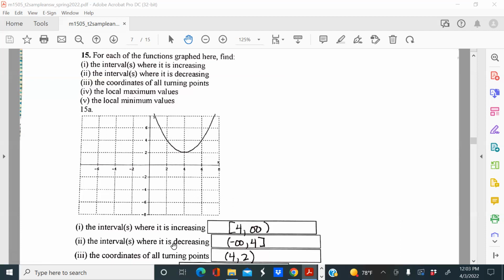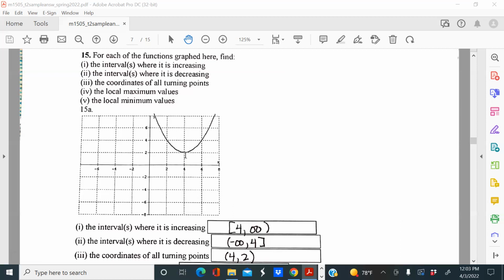So this curve is decreasing from minus infinity to 4, right? Remember, we're going to write our answer in interval notation. So starting at minus infinity and going up to 4, and you can use a square bracket. You can include the boundary value 4 in the set where the function is decreasing.